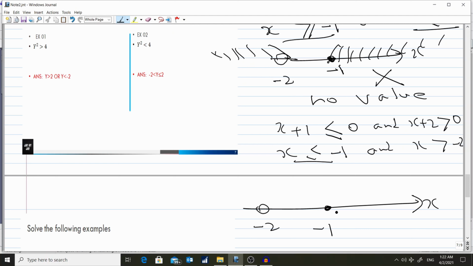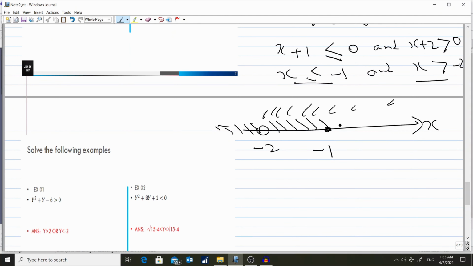Here x less than or equal to minus 1 will look like this. Here x greater than minus 2 looks like this. Therefore the common region is here. Therefore the answer will be x greater than minus 2 and less than or equal to minus 1.